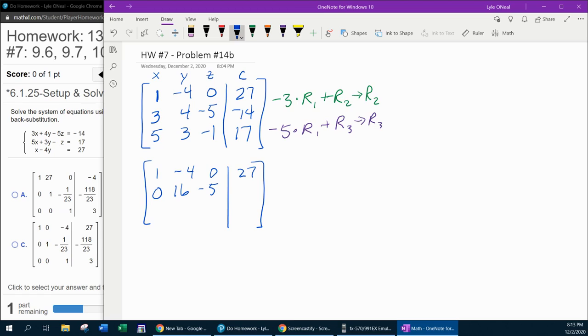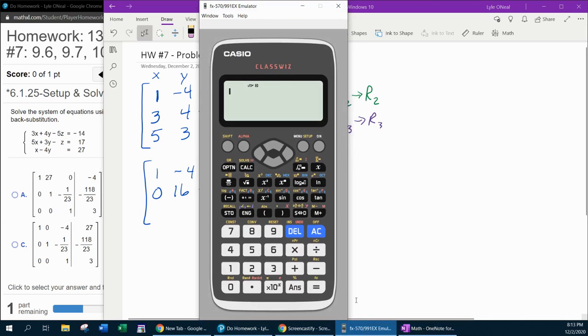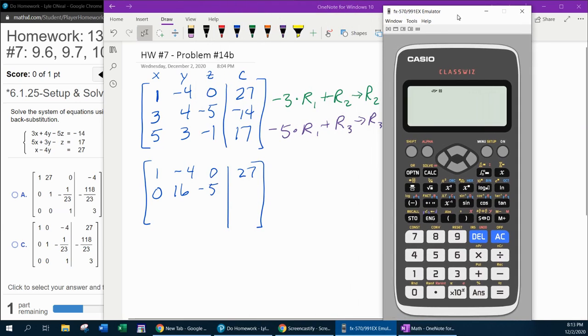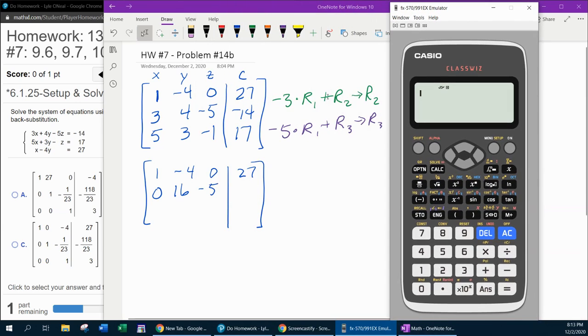And last but not least, we've got negative 3 times 27, and that's where I'm going to have to bring up my calculator. So we've got negative 3 times 27, right? And then I'm going to add that to the corresponding element. So I'm going to add that to negative 14.